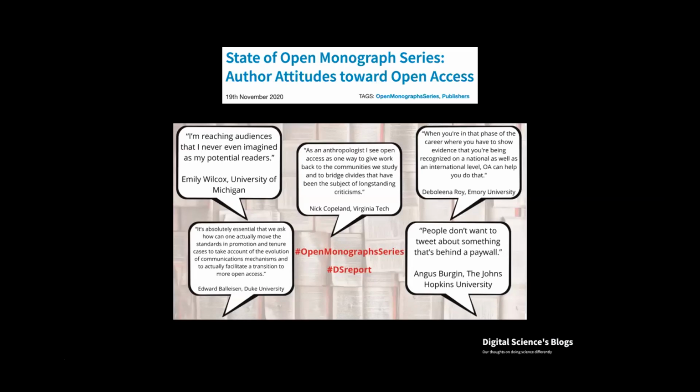One of the lessons that really came out of that for me was that faculty in the humanities and social sciences are just beginning to understand what open access means. STEM was way ahead of the game in terms of open access, but in the humanistic social sciences and humanities world, it's a newer thing.